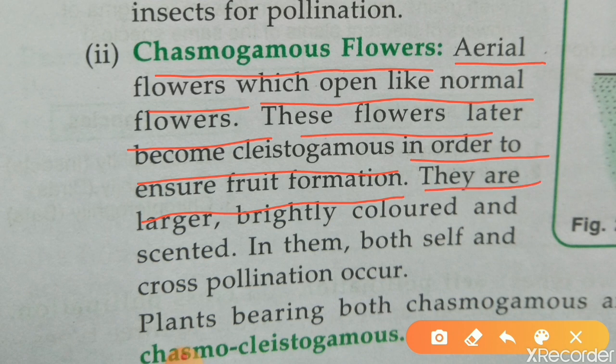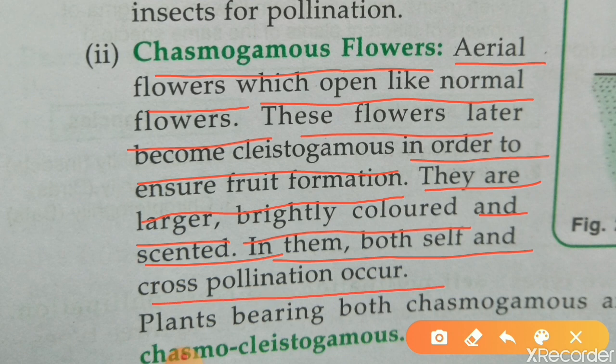Okay, they are larger in size, brightly colored, meaning having nice color, and scented. They are producing scent also. In them, both self-pollination and cross-pollination occur. So these are the nature of chasmogamous flowers.